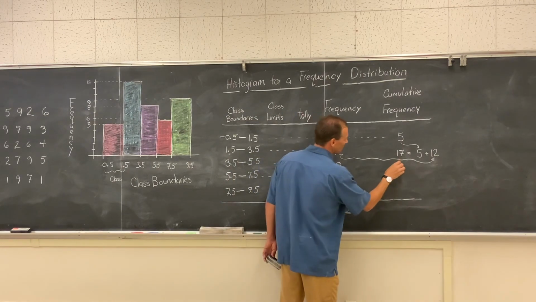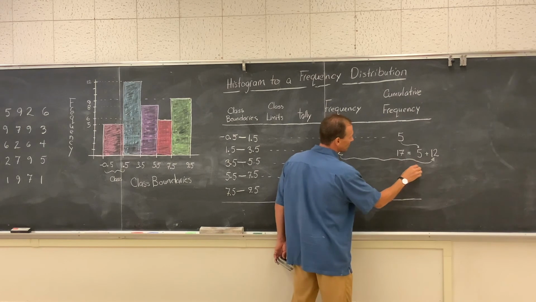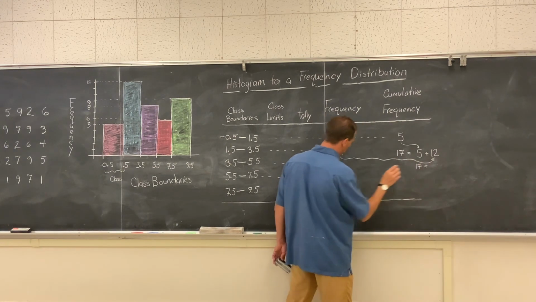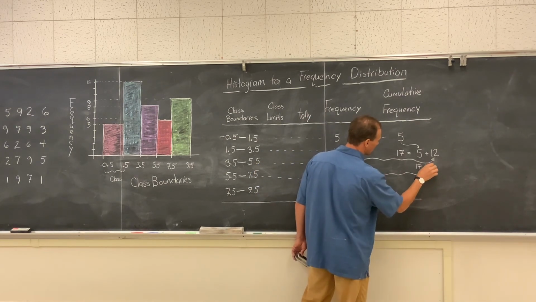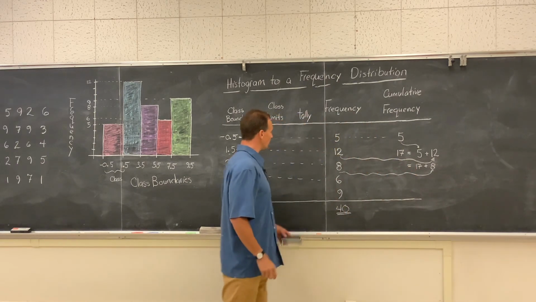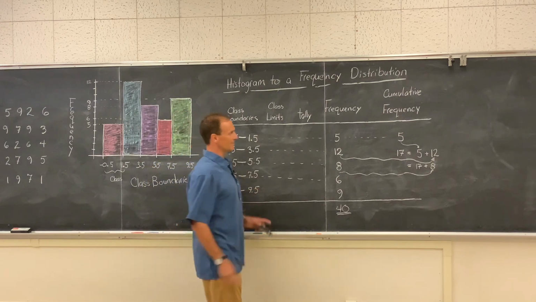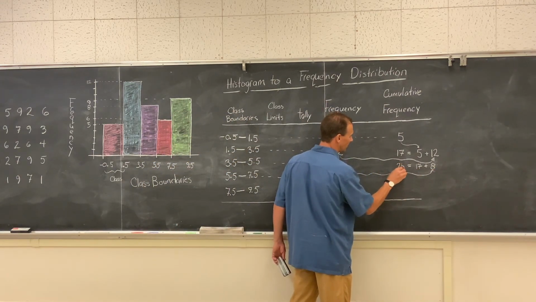We're going to take the 17 that we've already used, plus we're going to add to that 8 more. And so by the time we've looked at the first 1, 2, 3 classes, we have looked at 17 plus 8, or 25 data values.